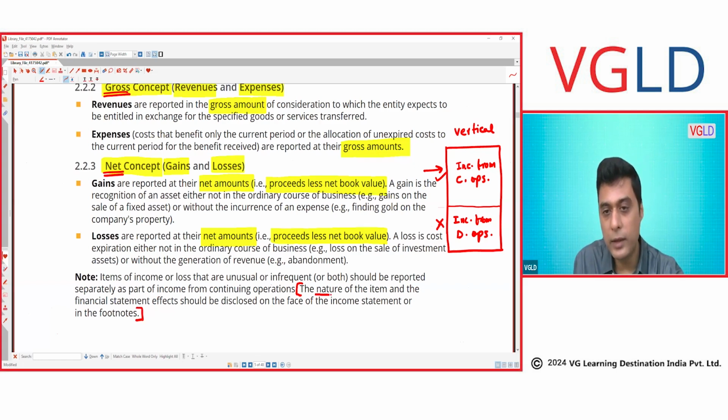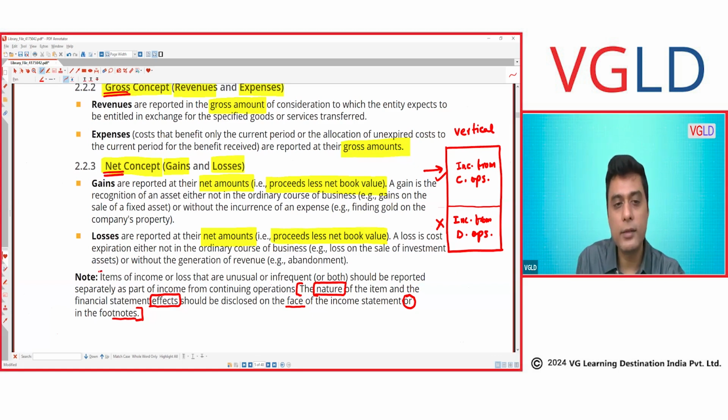The nature of the item and its financial effect should be disclosed on the face or in the notes. Footnotes means notes. So on the face of the income statement or in the notes, you will have to show the nature and effect.